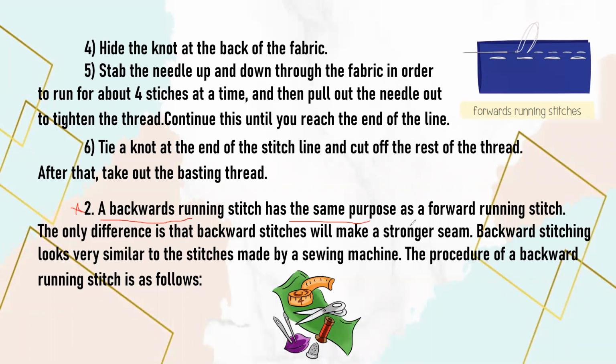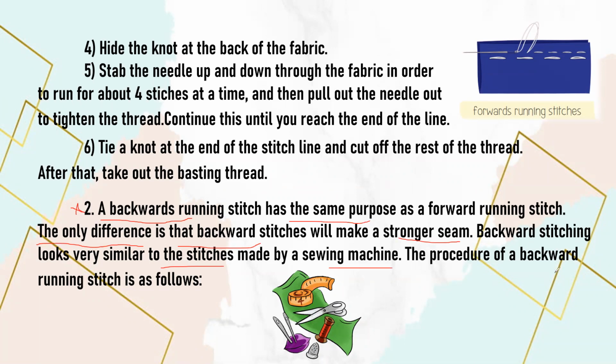It is the same, to make stitching, right? So what is the difference? The only difference is that backward stitches will make a stronger seam. Backward stitching looks very similar to stitching made by a sewing machine.